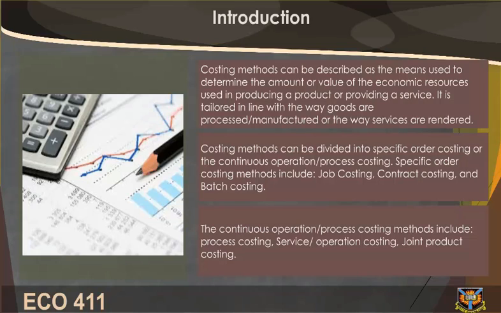Costing methods can be divided into specific order costing or the continuous operation or process costing. Specific order costing methods include job costing, contract costing, and batch costing. The continuous operation or process costing includes process costing, service operation costing, joint product costing.